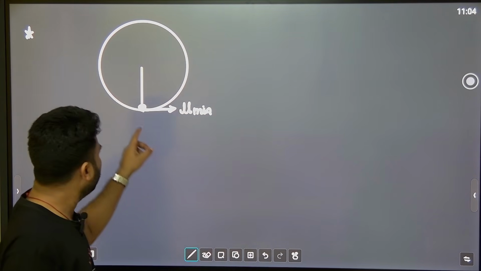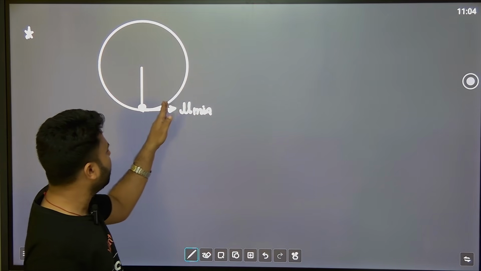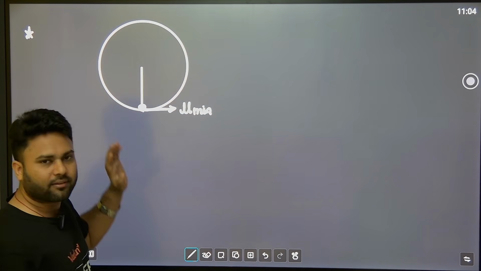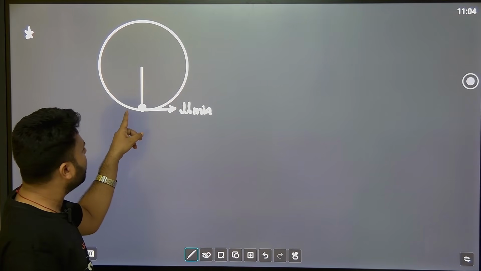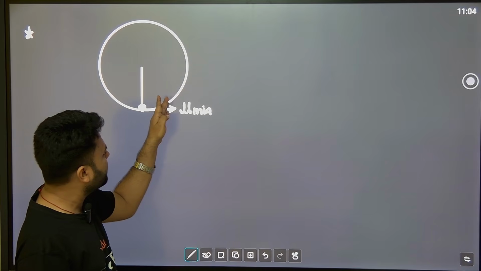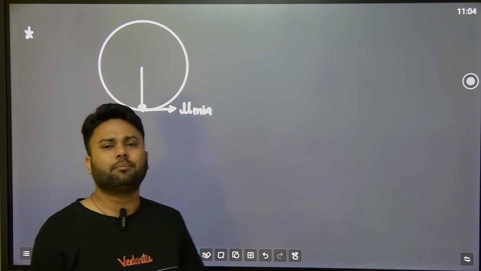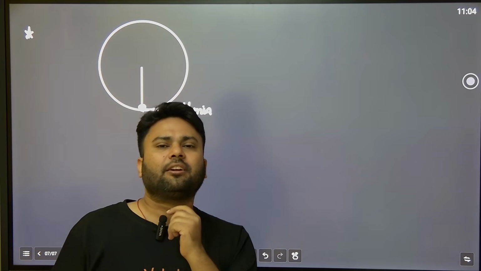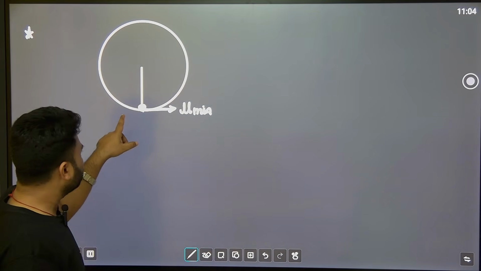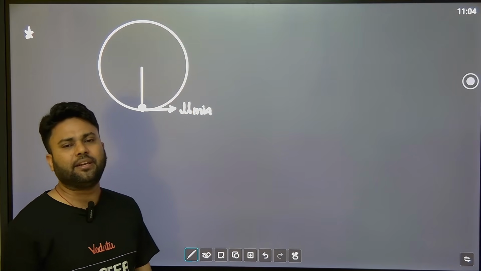Correct? Then suppose I provide very less velocity. What will happen? It will go to this height, it will come down. It will oscillate. Can you feel? Like if I give it a gentle push, it will be little disturbed. It will go like this. It will do the oscillation. It will not perform complete vertical circular motion.